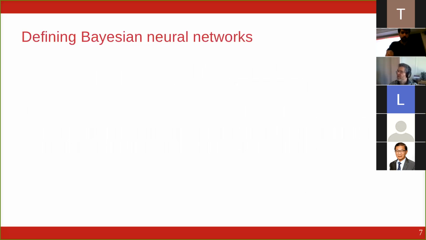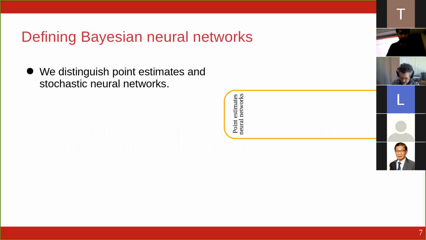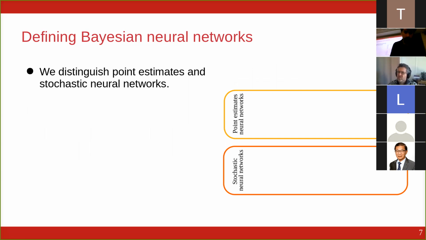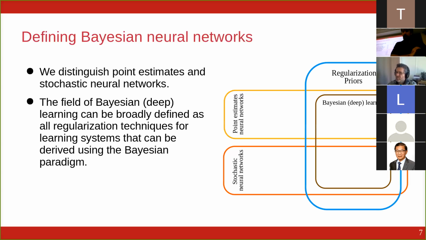So now, how do we define a Bayesian neural network? Well, we said we have point estimate neural networks, and the stochastic neural networks, which do not account for just one parameterization, but the probability for any parameterization. And then we have the Bayesian methods, which are a subset of regularization.